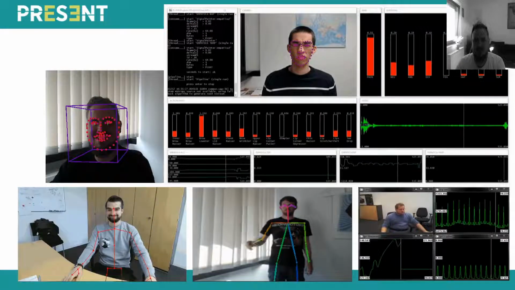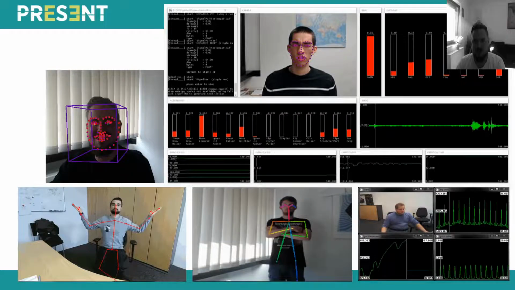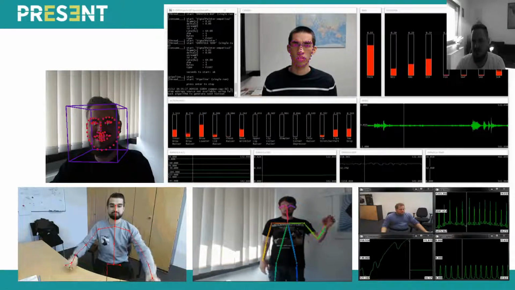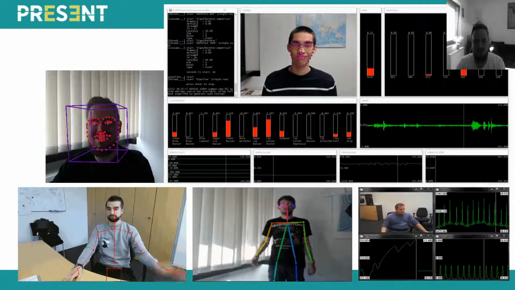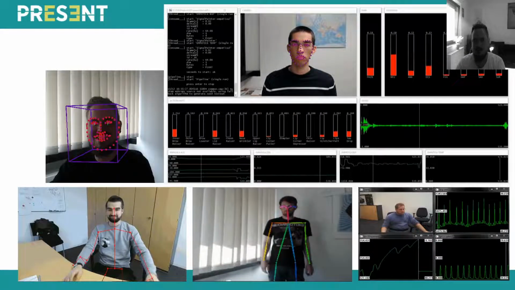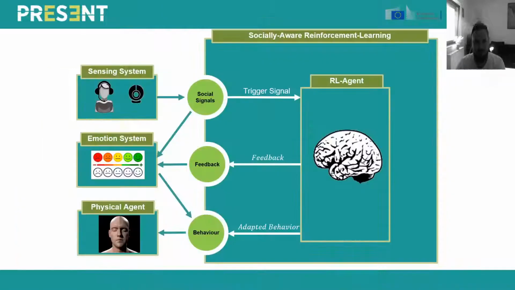This is what the real-time processing of these sensor signals looks like. I have put here some examples, and a configurable pipeline, which consists of some of these components, is running in the background of the present application, capturing the user signals and interpreting them. It interprets these signals in a way that we get the current emotional state of the user.